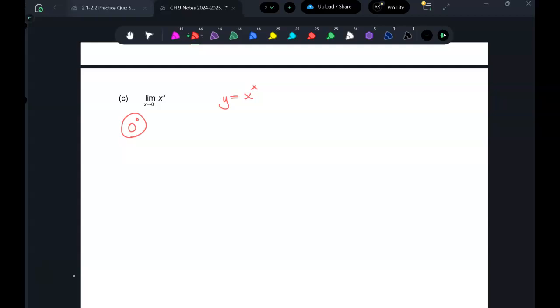So you're saying 0 to the 0 is 1? Anything to the 0 is 1. Let's use the calc to check this. But why is anything to the 0 1?